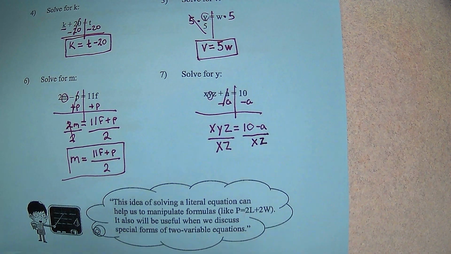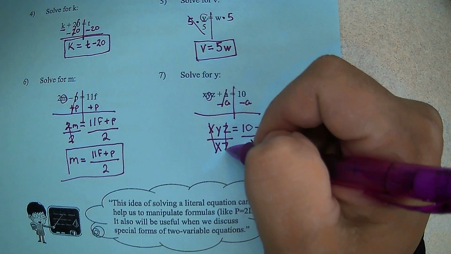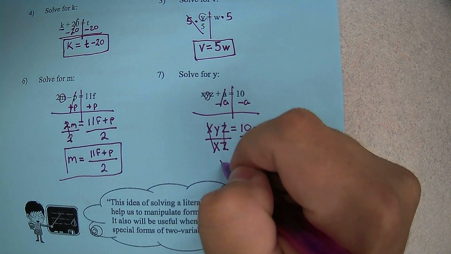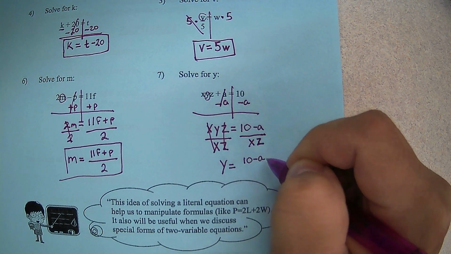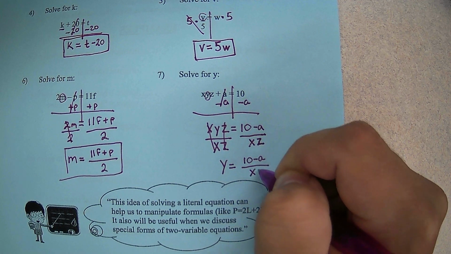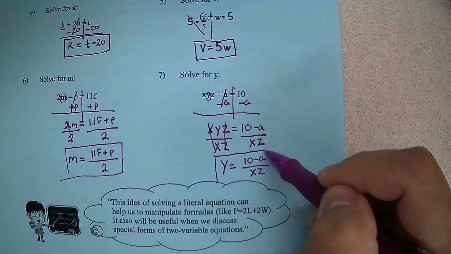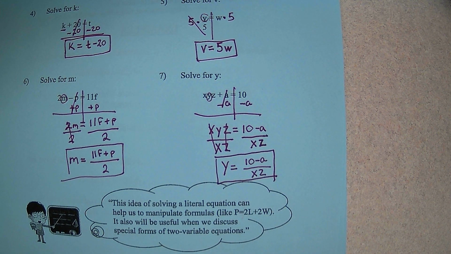Divide both sides by xz. This x crosses out with that x. That z cancels out with that z. All we're left with is y equals 10 minus a divided by xz. Because we can't actually do those computations, so we're done there.